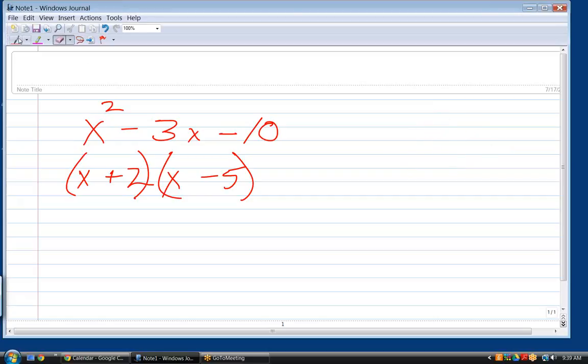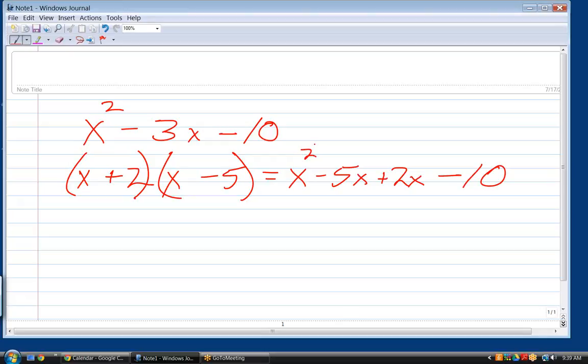Now, whenever you have factored an expression, the one thing you should always be thinking about is, does this multiply together again to give me that? Well, let's do it. It's x squared minus 5x plus 2x minus 10.